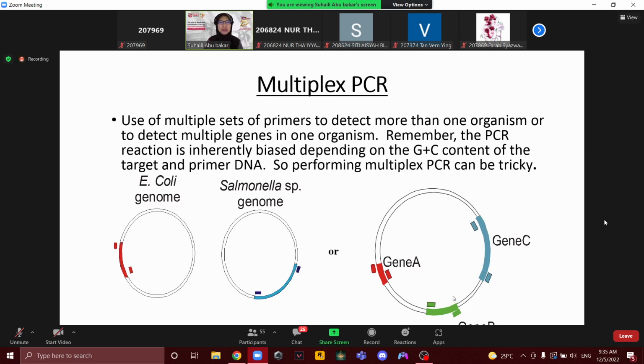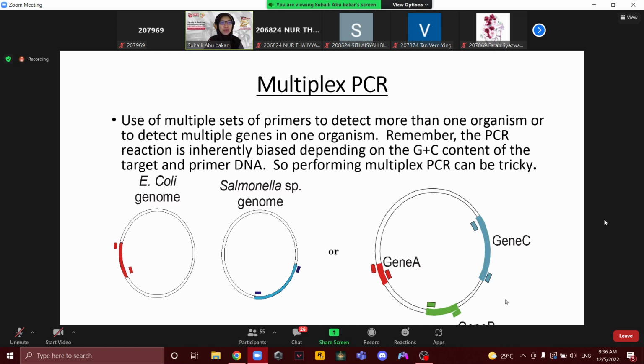What is the benefit of multiplex PCR? From what we discussed, what I'm sharing with you just now, what are the advantages? You can amplify multiple genes at one time. Yes, you can shorten your time, right? Imagine you have 300 samples. COVID-19, for example, how many types of COVID are there?